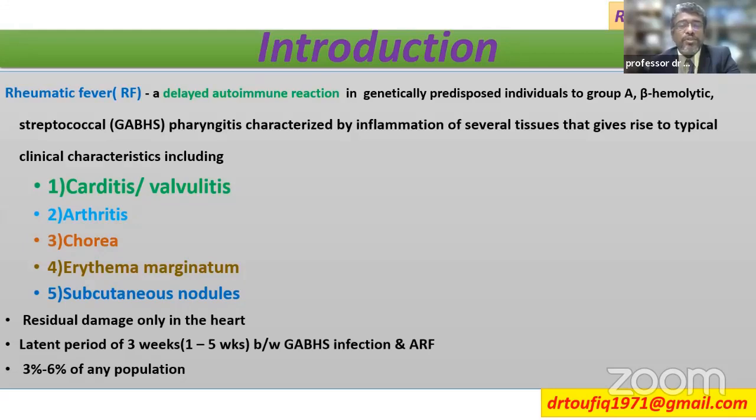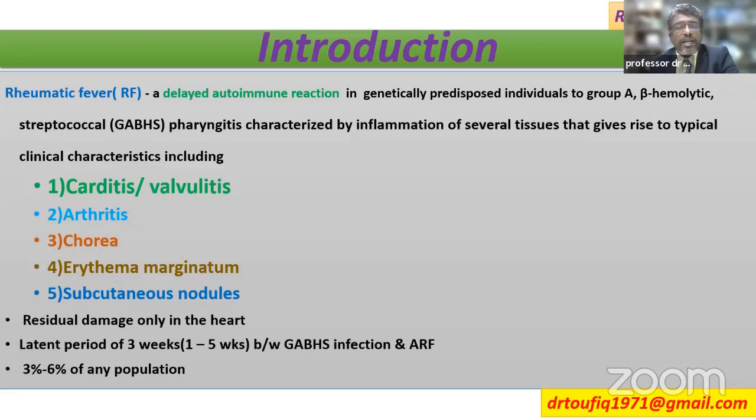These are the immunological reactions, autoimmune or cross reactions, whatever you call them, that occur 1 to 3 weeks after the throat infection by the streptococcal bacteria, and it is characterized by inflammation of the tissues that give rise to these autoimmune reactions.